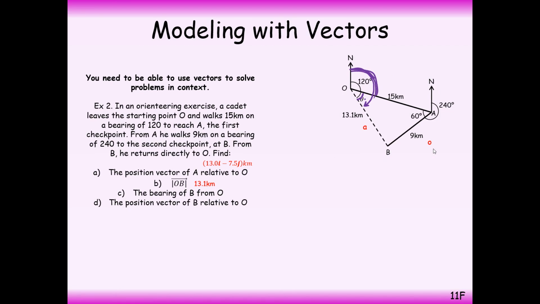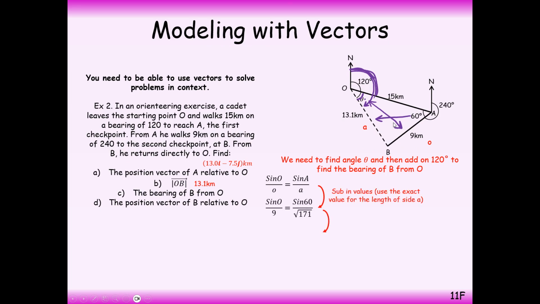How do we do that? The quickest way is to use the sine rule, because you know 60 is opposite 13.1 and 9 is opposite theta. You use the sine rule there, and before we take the inverse sine, theta is 36.6.